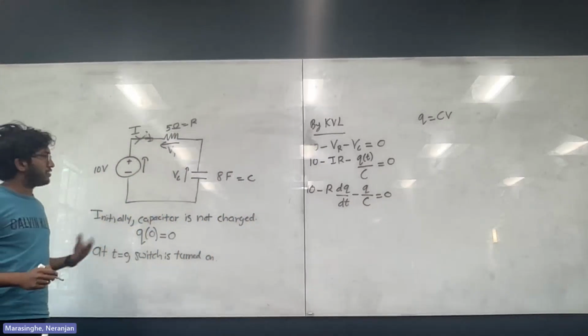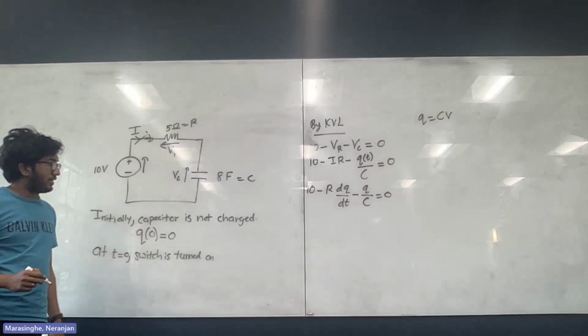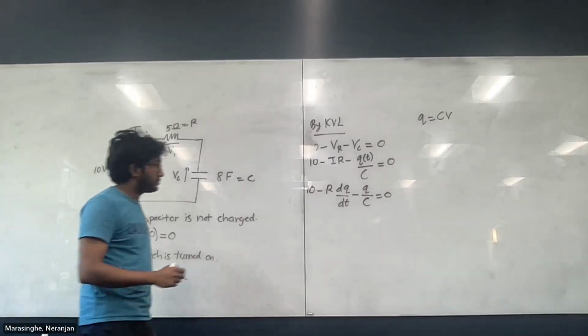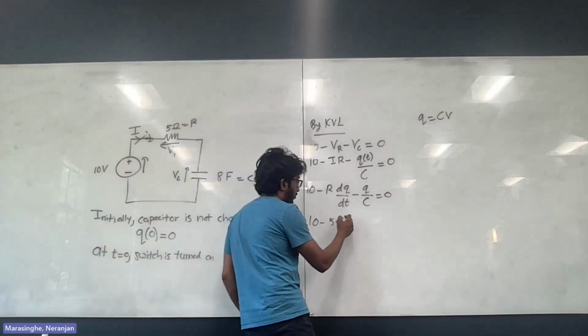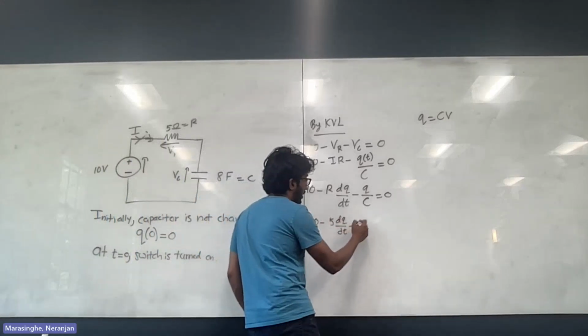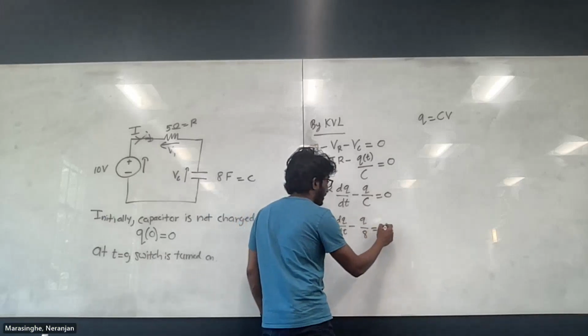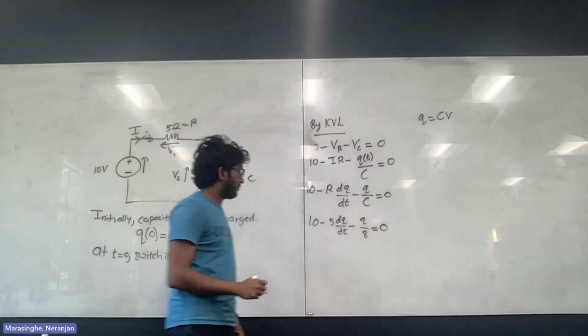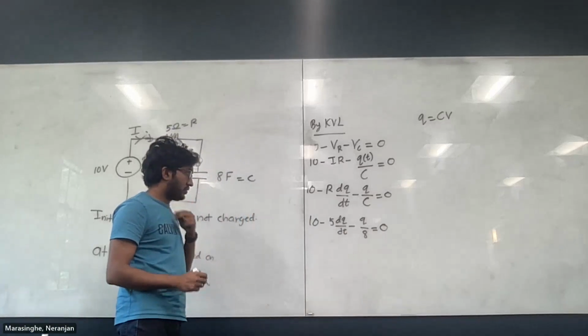Now I have the values of R and C. I would plug them in: R equals 5 and C equals 8. 10 minus 5 dq over dt minus q divided by 8 is equal to 0.